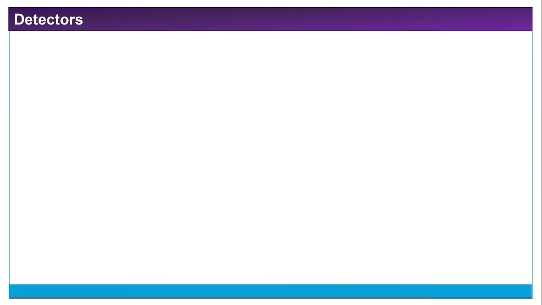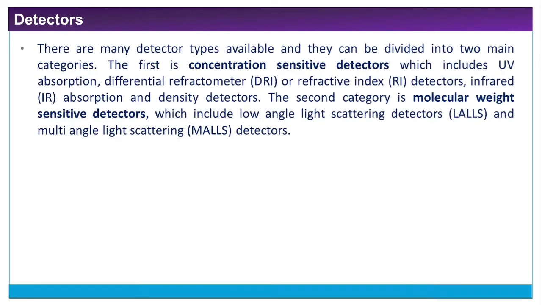Now we'll see the detectors, which types of detectors are there and how they work. There are many types of detectors available and they can be divided into two main categories. The first is concentration sensitive detectors.